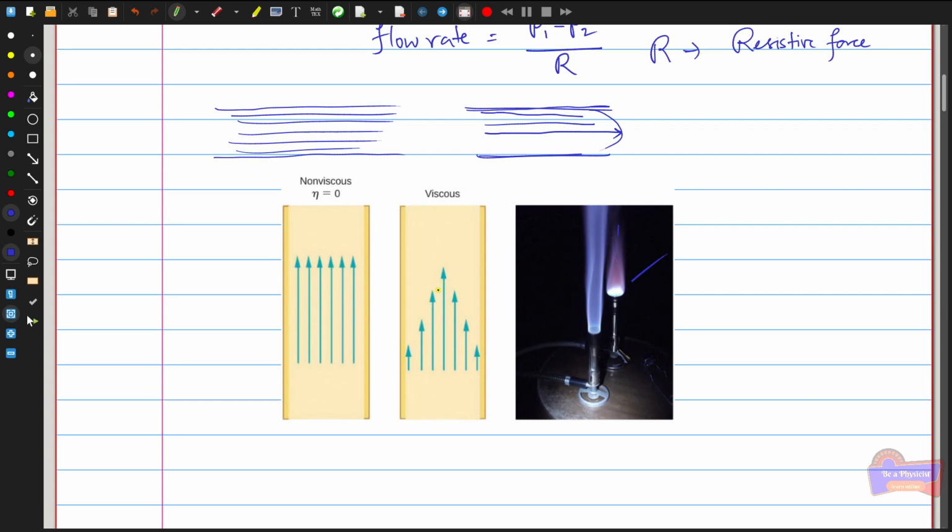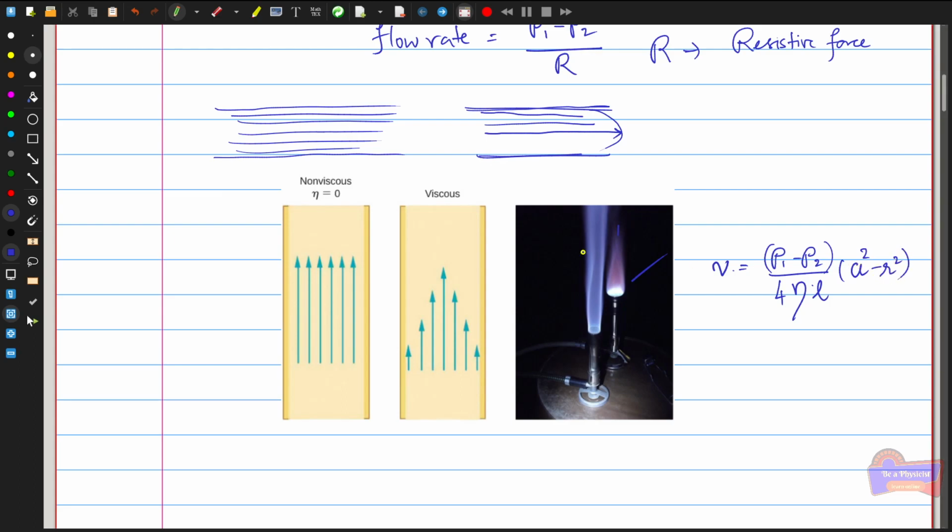The average velocity of the liquid flow in the capillary tube is given as V equals (P1 minus P2), the pressure difference between the two points of the tube, divided by 4 times eta times L, into (A squared minus R squared).